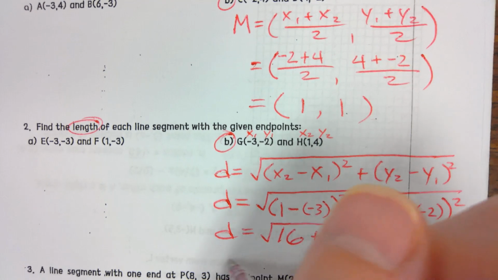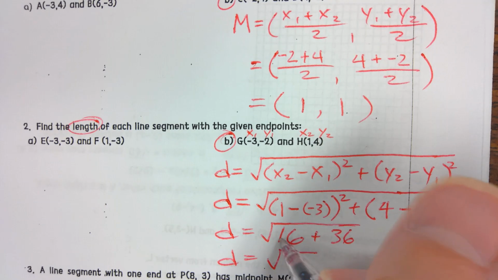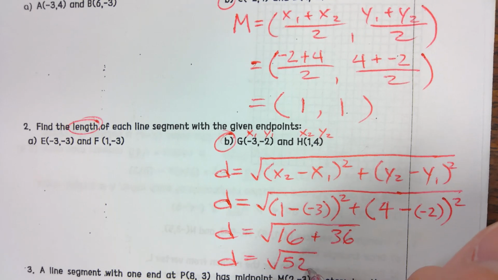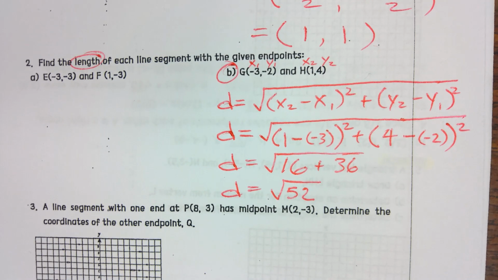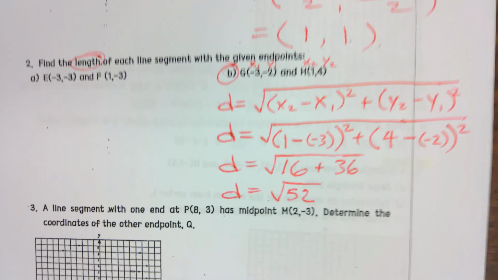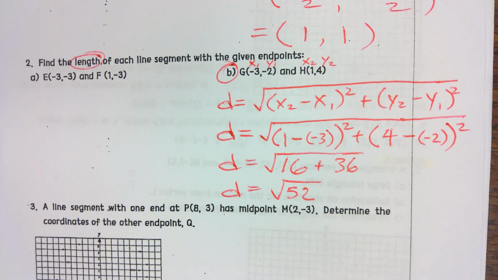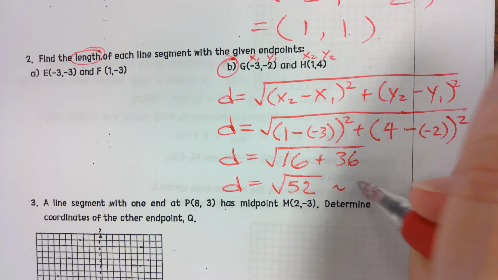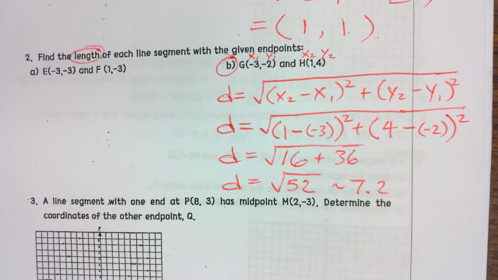When you square root it, you get square root 52. For your answer, you could leave it as square root 52, or if you want, you could simplify it to decimal. So you could write equals about 7.2. Either one is fine.